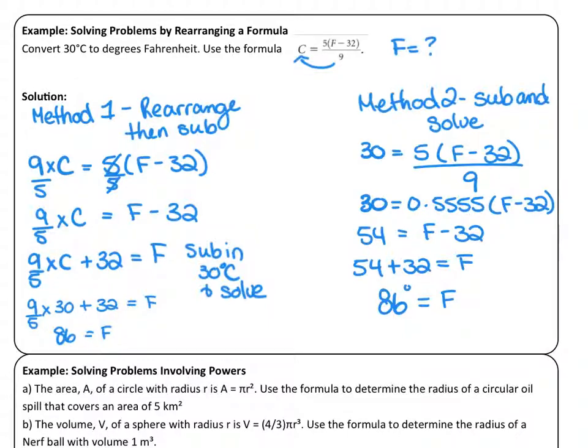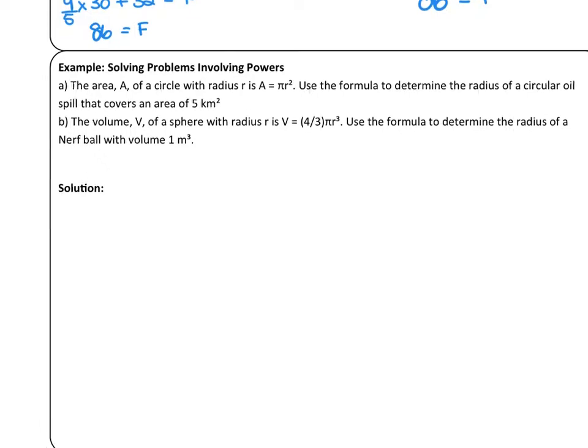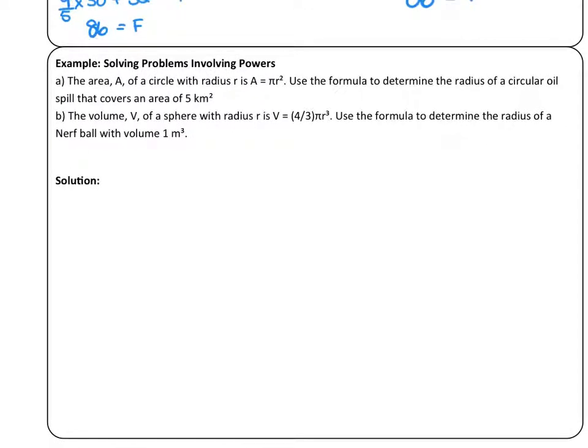Last example. The area A of a circle with radius r is A equals pi r squared. Use the formula to determine the radius of a circular oil spill that covers an area of 5 kilometers squared. So in this case, A we know is 5 kilometers squared, and we're going to find r.